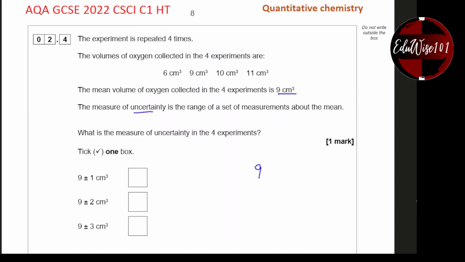So you have 9. The maximum value is 11. The lowest value is 6. So from 9 to 11, it should be +2. And from 9 to 6, it's -3. So your uncertainty would be 9 plus or minus 3 centimeter cube.